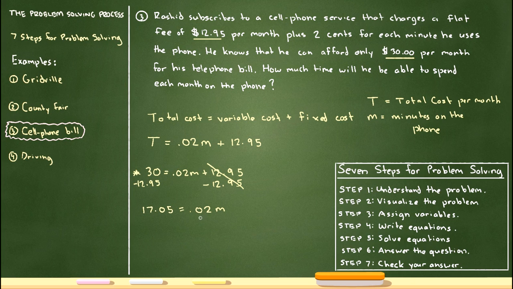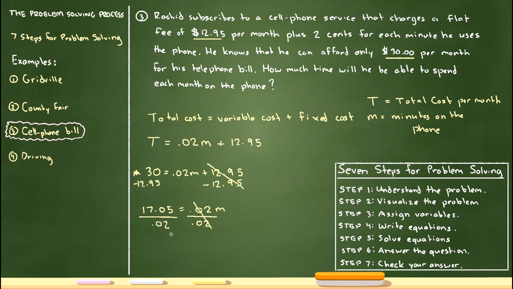Okay, so now we want to go ahead and divide both sides by 0.02 because we're trying to solve for just M here, right? So the 0.02 is a problem, so we need to divide by that. Now, dividing by 0.02 is actually the same thing as multiplying by 50.